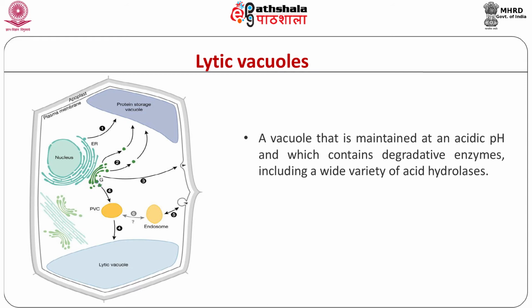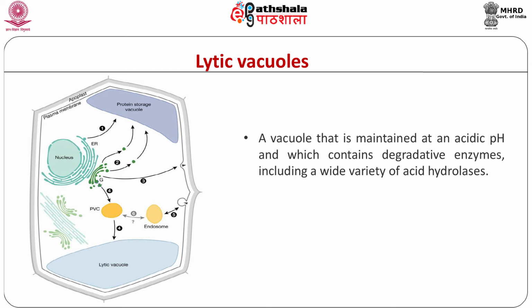Proteins destined for the protein storage vacuole may leave the Golgi at the cis and trans compartments, shown by route 2, while the exocytotic cargo predominantly leaves at the trans face, that is by route 3.